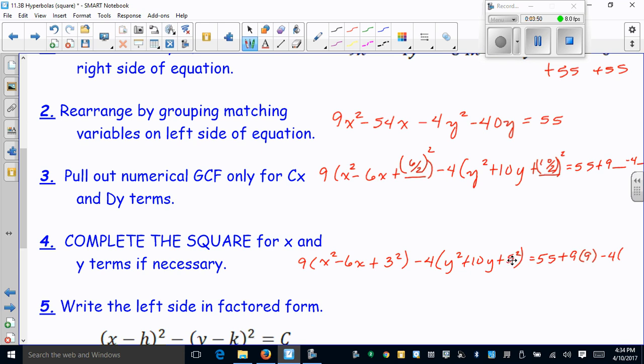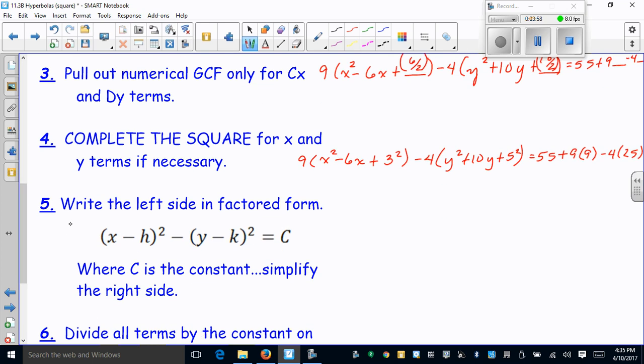Okay, so in this one says write the left side in factored form, which we've been doing all along, and where c is a constant, simplify the right side. So I have now 9 times x minus 3 squared minus 4 times y plus 5 squared equals 55 plus 81 minus 100. 4 times 25 is 100.